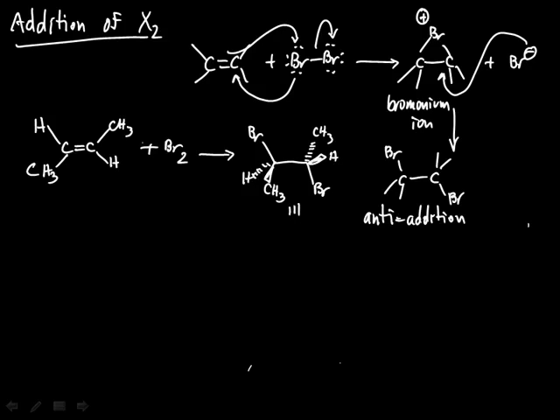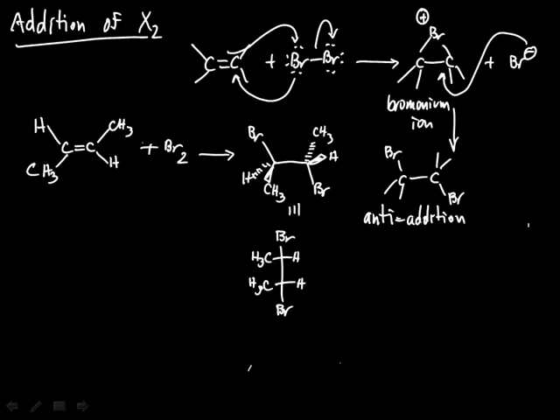And if you look at this in Fischer projection, we could see that this is indeed a meso compound, so achiral. But the point is that these reactions are stereospecific, and they occur with very precise stereochemical control.